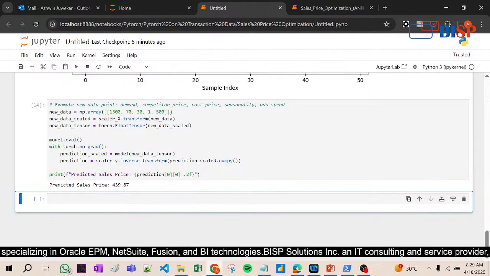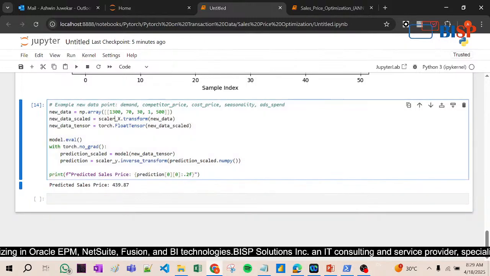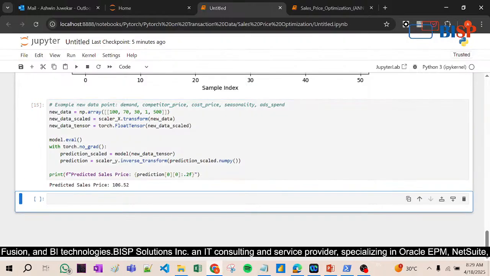Look at this. If the demand is high, the product demand is increased, the price rises. Suppose if I make it 100, automatically the price should be reduced.